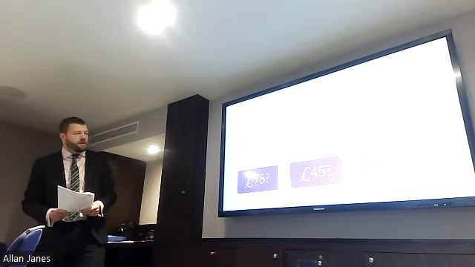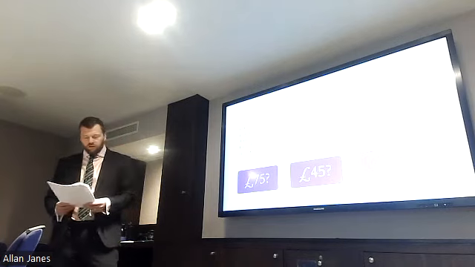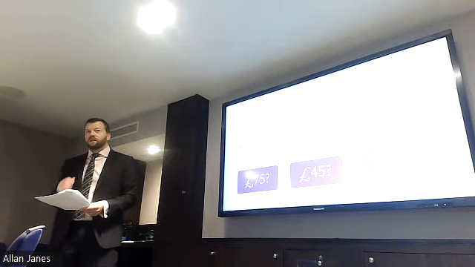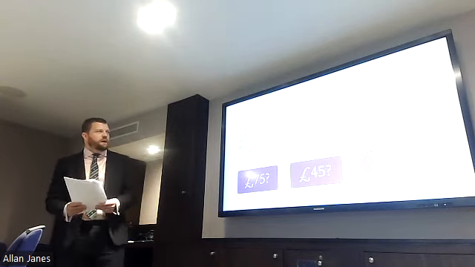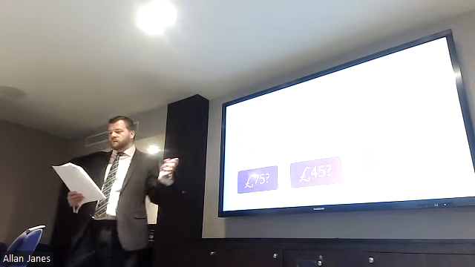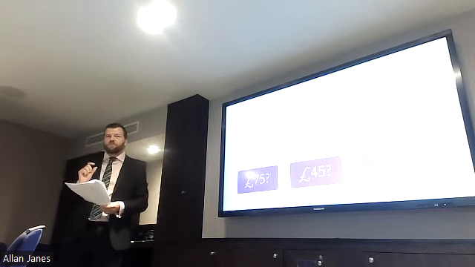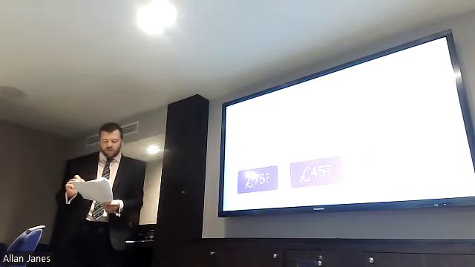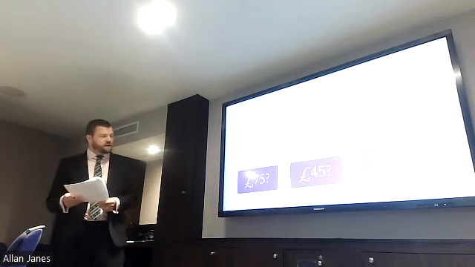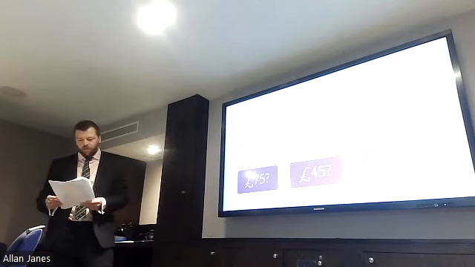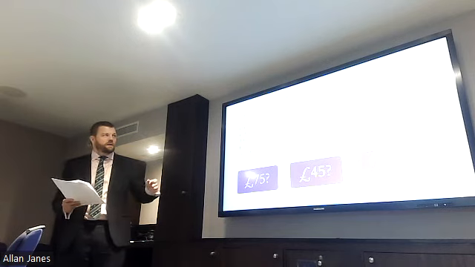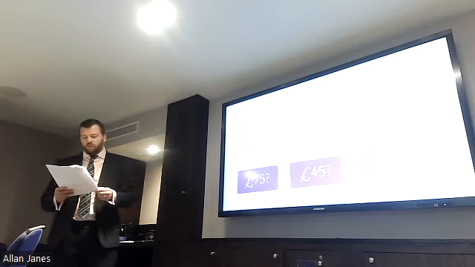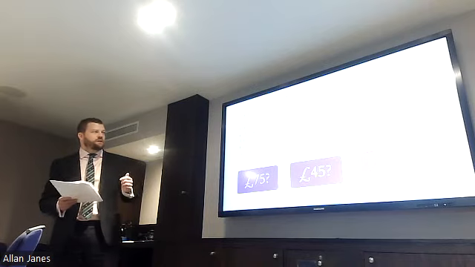But the position as of 1927, when the Landlord and Tenant Act came in, is that the answer is £35. And this is a really important principle when thinking about dilapidations, is that Section 18 of the Landlord and Tenant Act 1927 states that the amount of common law damages shall not exceed the diminution in the value of the reversion.